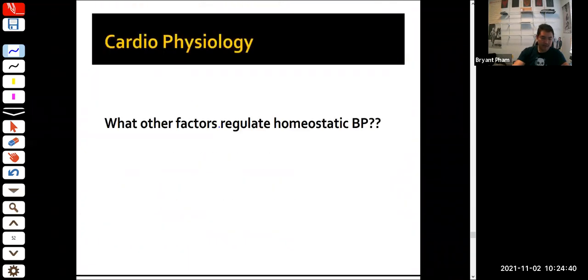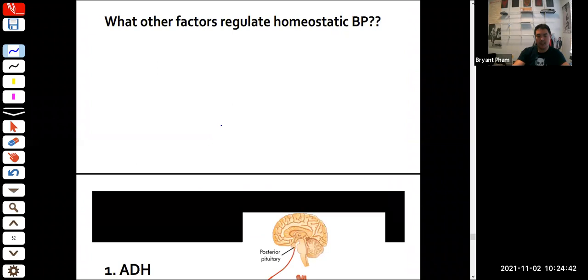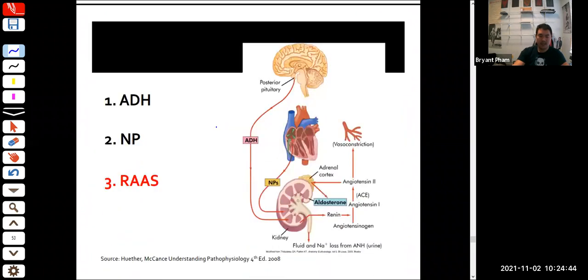What other factors can regulate blood pressure? This stuff here, we're not going to get into this stuff quite yet. This is exam 5 stuff. So don't worry yet. Okay. But this is saying blood volume.